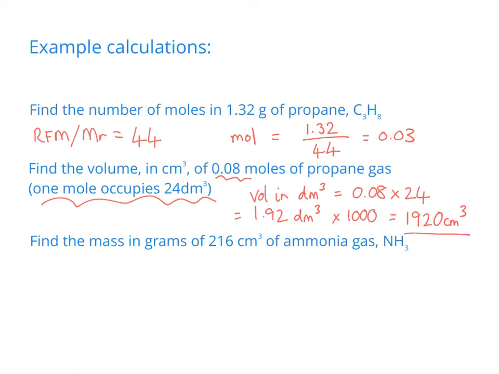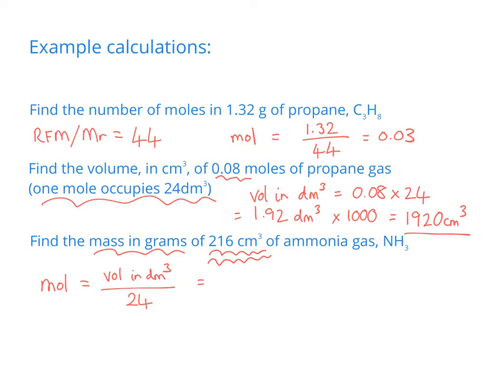And then the last one is just a 2-step calculation, because I'm asked to find the mass in grams, but I'm given volume. There is no equation that directly links mass in grams to volume of a gas. So I need to go with the information that I've got first, which is the volume of the gas. From the volume I can work out number of moles, because number of moles is going to equal my volume in decimetre cubed over 24, which is the volume of 1 mole.